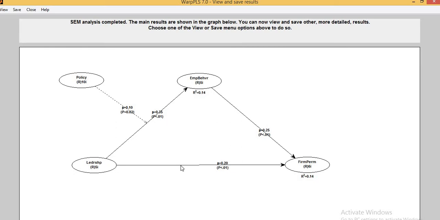Here you can see that there are direct relationships, and then there is a mediated relationship between the IV and DV, and then there is a moderated relationship between the IV and DV, and then there is a moderated mediation relationship or impact between the IV and DV. Relationship here means the impact of one variable on the other variable. Don't think of it as a correlational study. It is a cause and effect study.